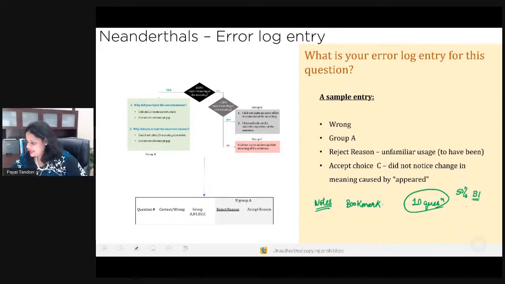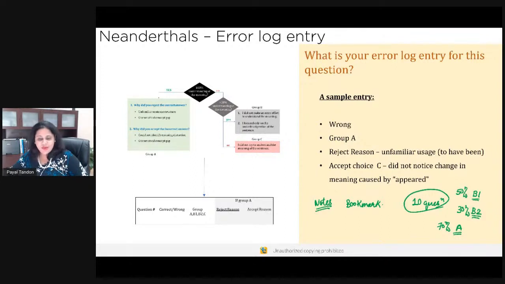Or if you see that for 30% of questions you belonged in group B2, that means you are not applying the meaning-based approach properly. You're still rushing through the original sentence, only focusing on the underlined portion.